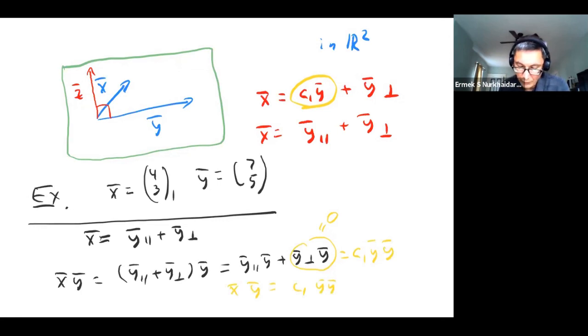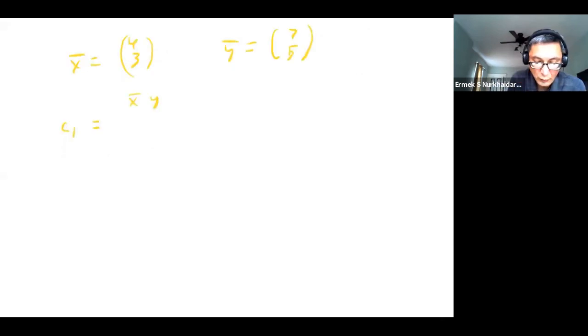So from here, we conclude that c1 is equal to x times y over y dot y. You see this formula is similar to the one we obtained previously, when we were trying to write a vector in terms of orthogonal vectors. So c1 is x times y over y times y. That's what we did a second ago.